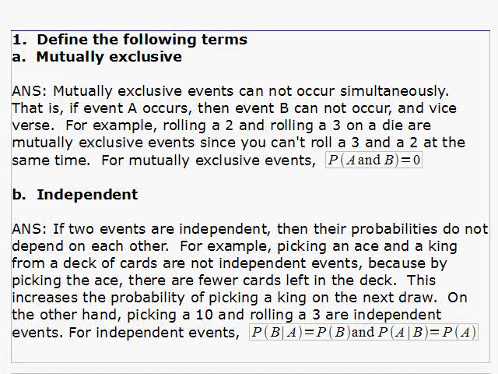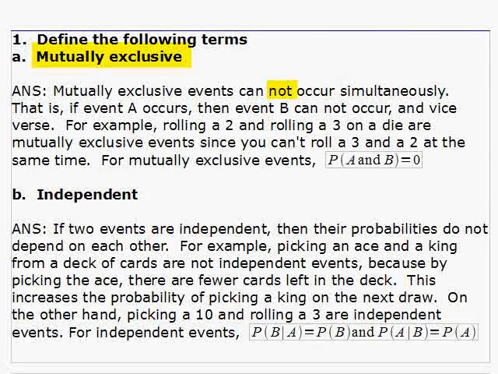So now I'd like you to define a few terms, and the first is mutually exclusive. 2 events are mutually exclusive if they cannot occur simultaneously. For example, I can't, on one draw, draw an ace and a king at the same time. Right, you can draw the ace or you can draw the king, but you can't draw them both.